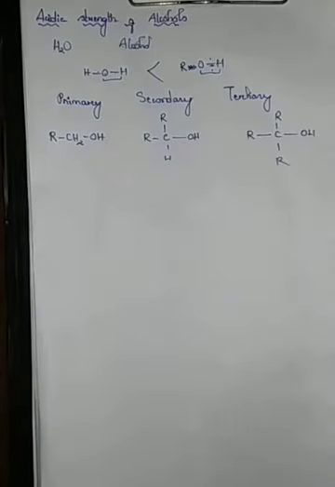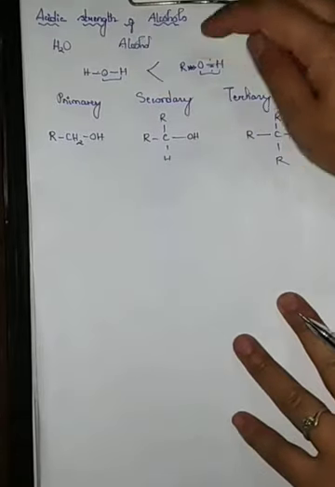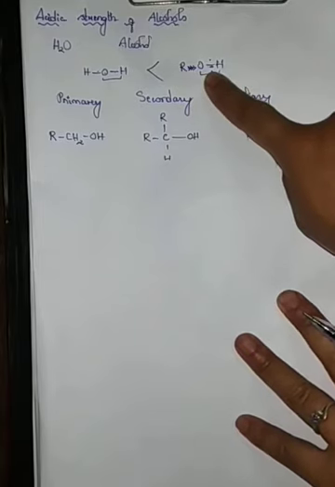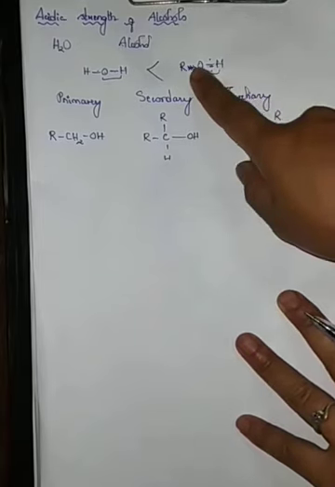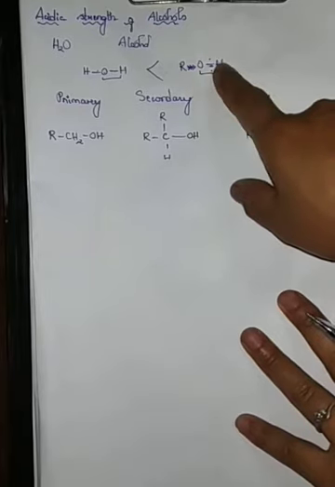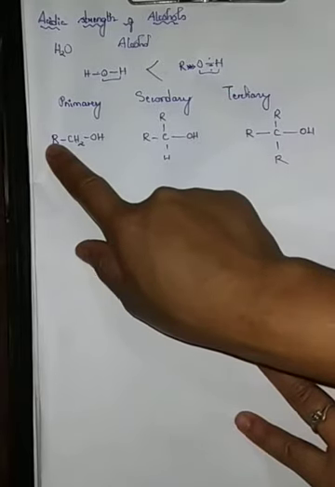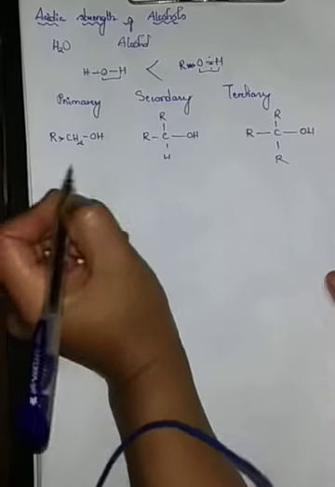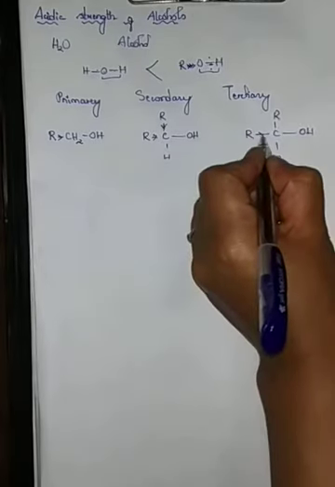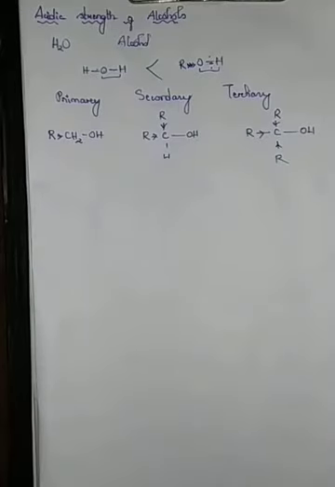From the explanation on water and alcohol, we know that the presence of an alkyl group attached to our OH group increases the electron density on the oxygen atom, thereby decreasing the polarity of the OH bond. Here in primary alcohol, we have only one R group releasing electrons. In secondary, we have two R groups releasing electrons, while in tertiary, we have three alkyl groups releasing electrons.